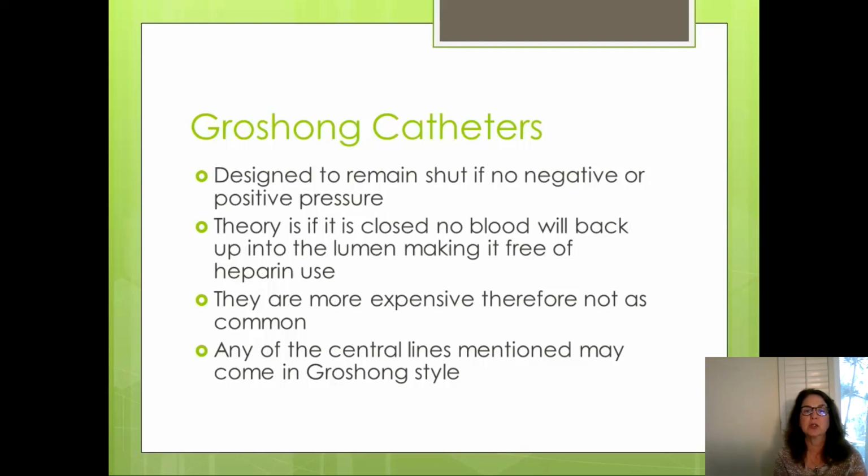The theory in the Groshong catheters is if it's closed, no blood will back up into the lumen, making it free of heparin. So it's less problematic because you don't have to use heparin, but it's more expensive. Therefore, it's not as common to see used. So it's a nicety, but an expensive nicety. Any of the central lines mentioned may come in the Groshong style, the style where the blood won't back up.